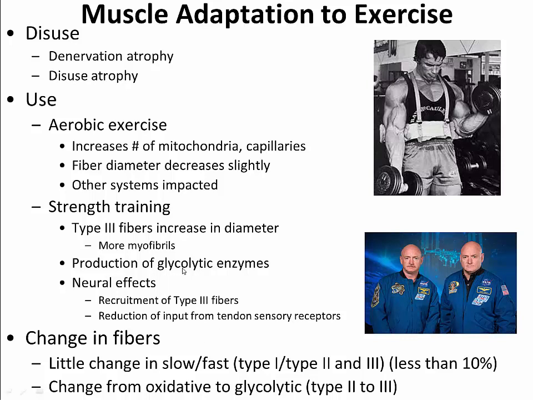Strength training also increases the number of glycolytic enzymes that are present, and it has neural effects, such as increasing the recruitment of type 3 fibers, making that more effective, and also, as we've talked about once before in class, reducing the input from these inhibitory sensory receptors that are responsive to stretch.